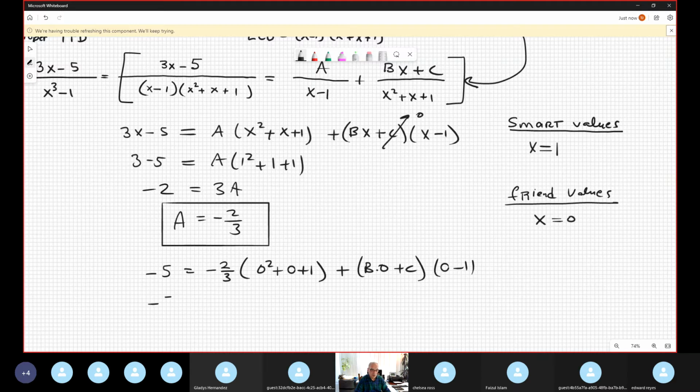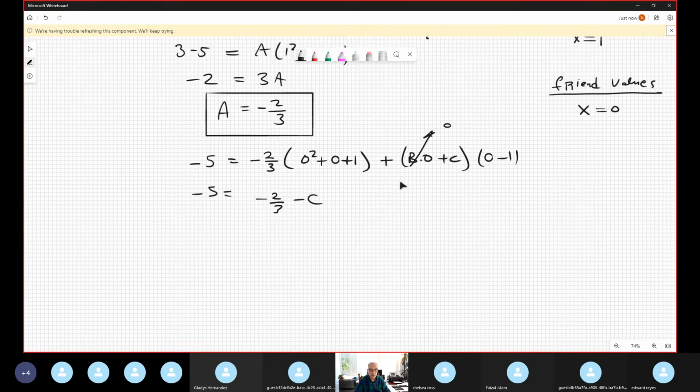Well, it's obvious that this is negative 5. This is obviously negative 2/3 because this is 1 and b is gone. Cool. And we have minus c, no? Minus c. Okay. So far, we have c in my hand. This is minus 2/3, minus 2/3.